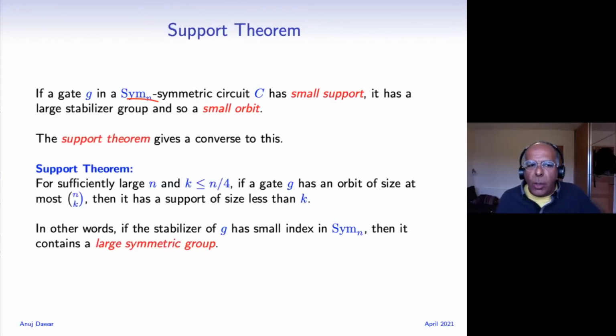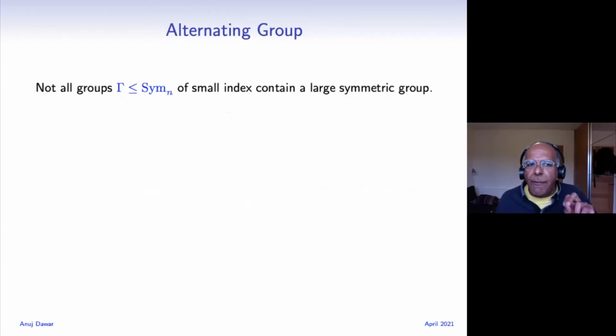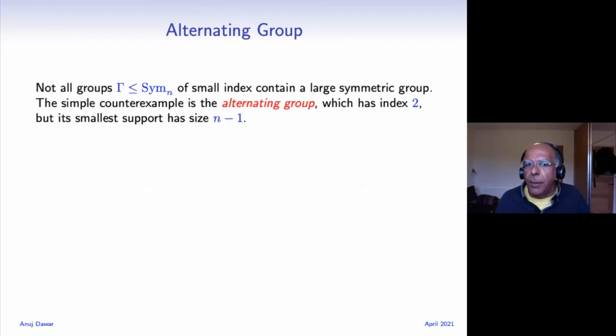Okay, so note, this is not simply a fact about all groups, right? There are subgroups of Sym n which have small index, but don't contain a large symmetric group. And the obvious example is the alternating group, right?